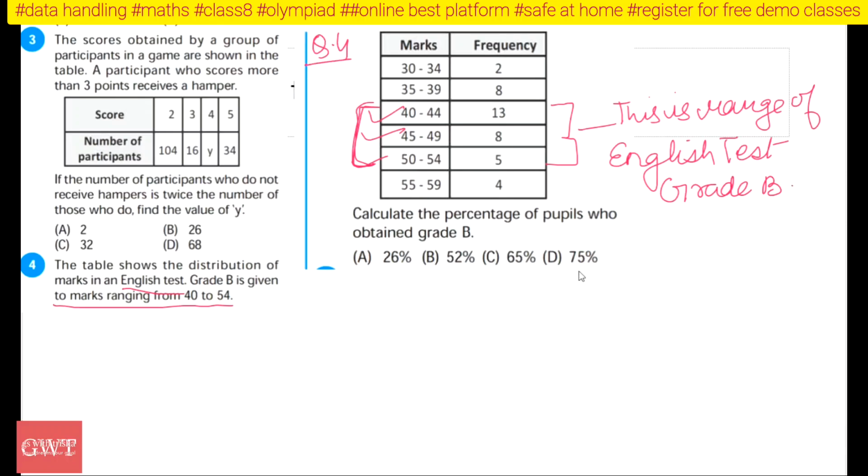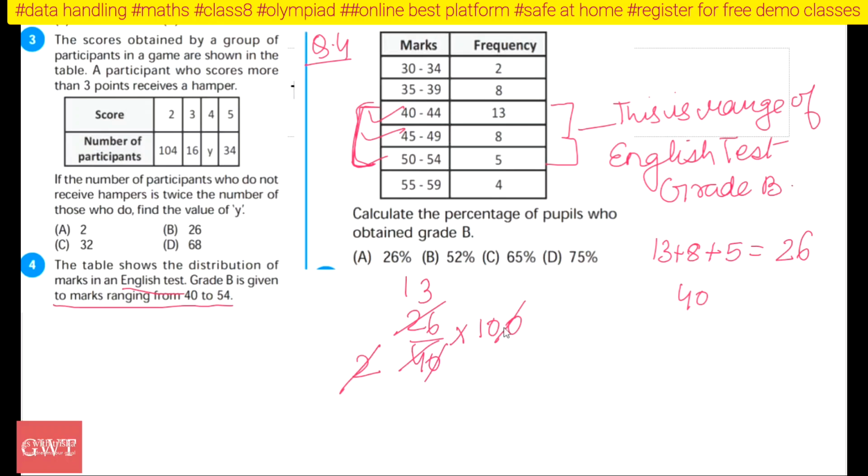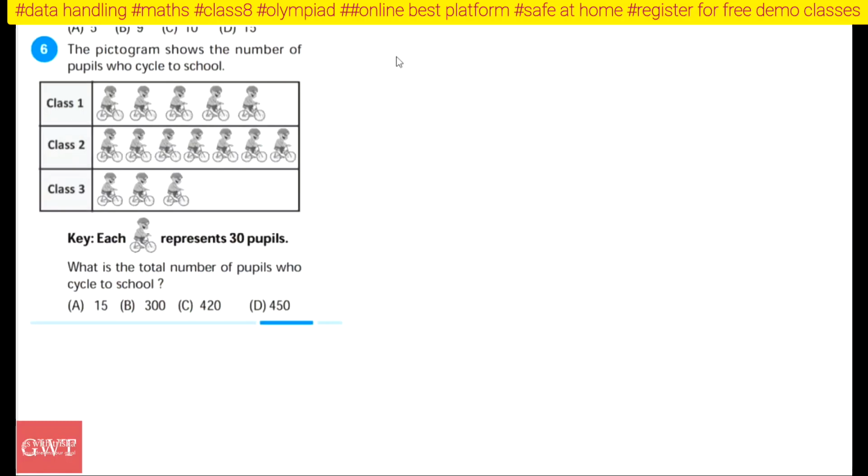Now they are asking to calculate the percent of people who obtain it. So 13 plus 8 plus 5. Tell me what is the value? So it will be 65%.